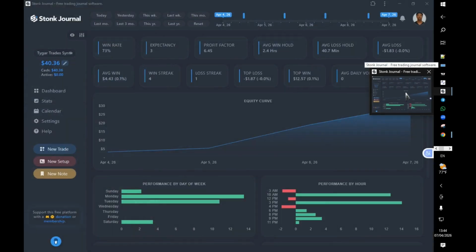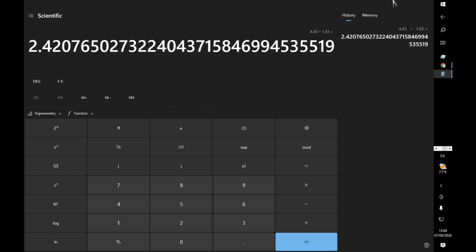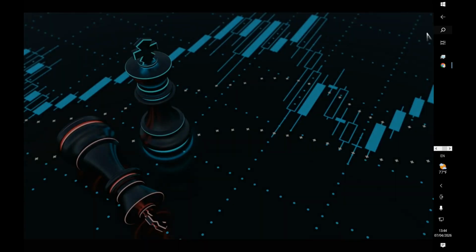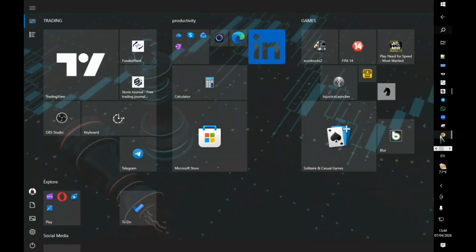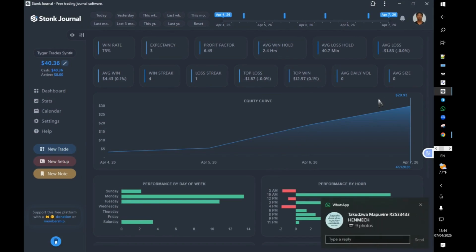It's 4.43 divided by 1.83. You see, around 2.5, which is exact. I use a 1 to 2.5 mostly, and sometimes 1 to 3 when there is a good setup.